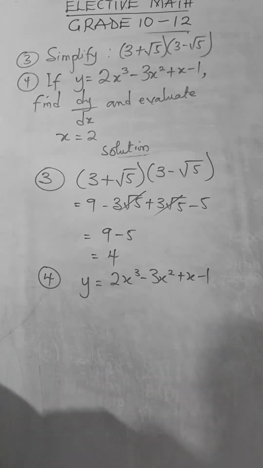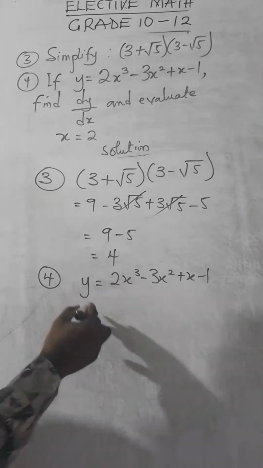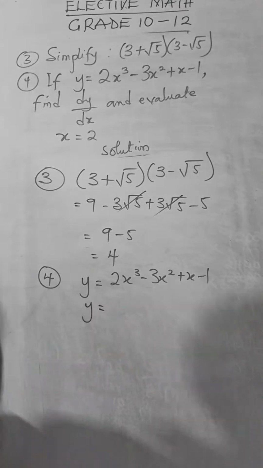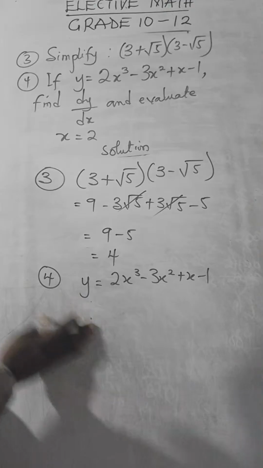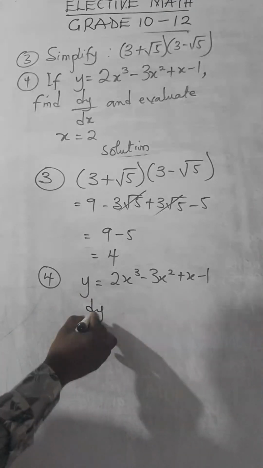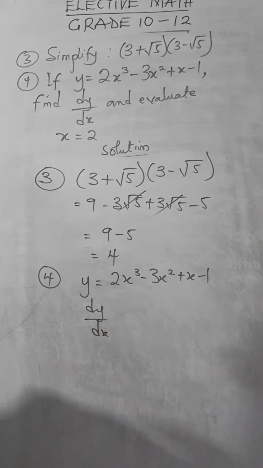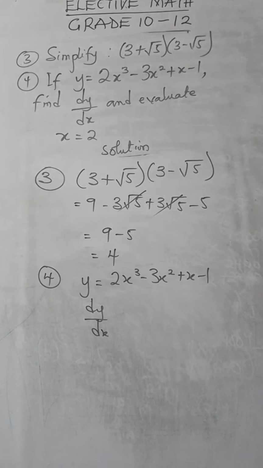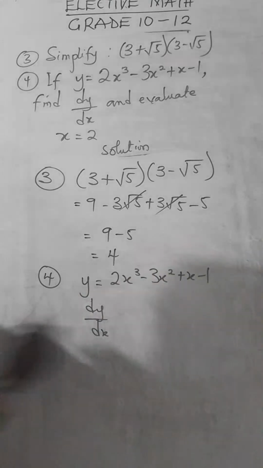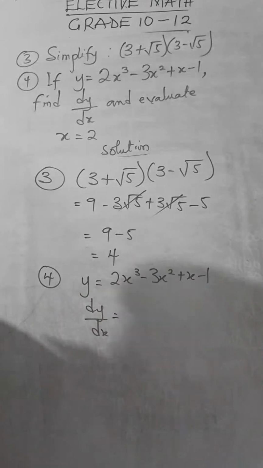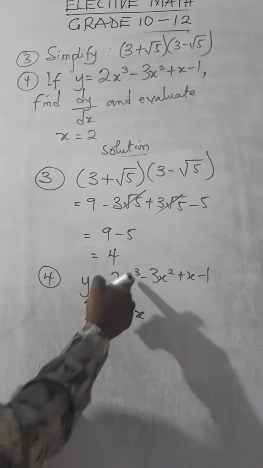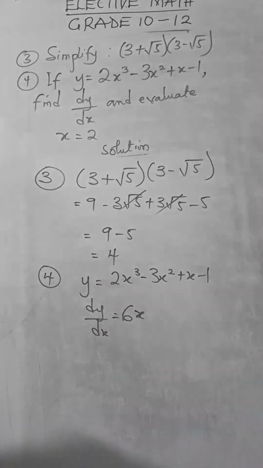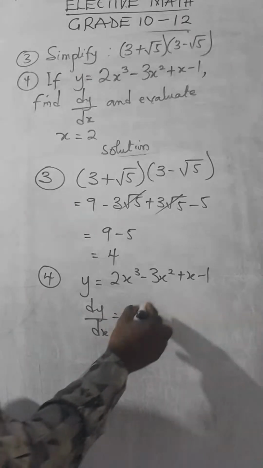So with this, dy/dx is equal to: use the 3 to multiply the 2 here, then you get 6x, and you reduce the exponent by 1, so squared.